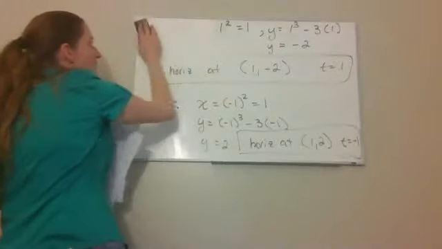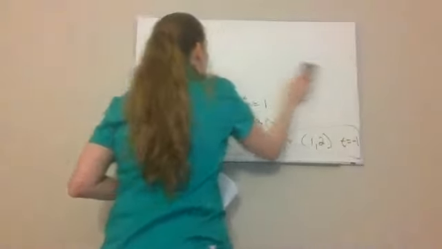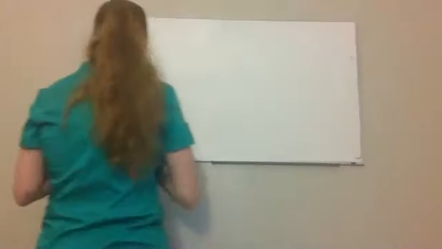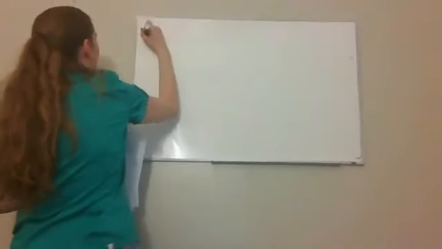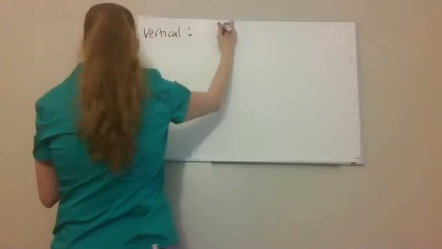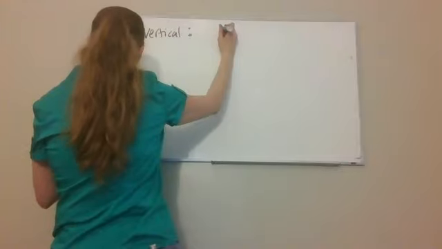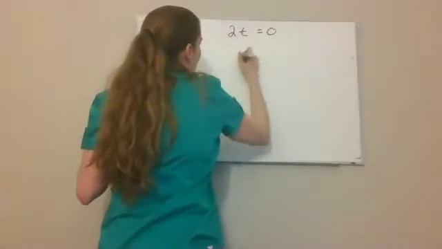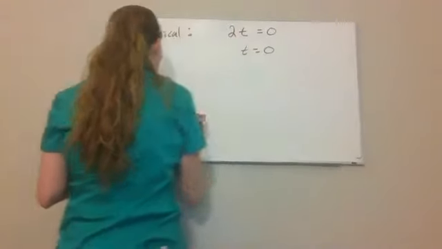Now finding where I have a vertical tangent line, that was where my denominator for dy/dx is equal to 0. My denominator was 2t. That happens when t is equal to 0.